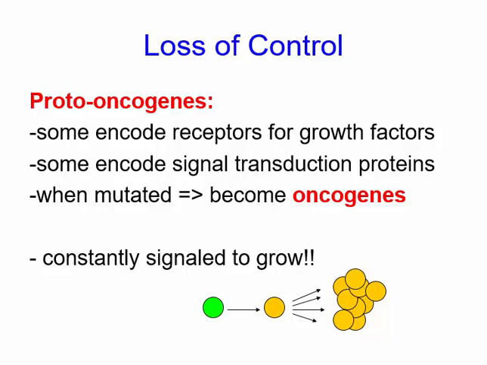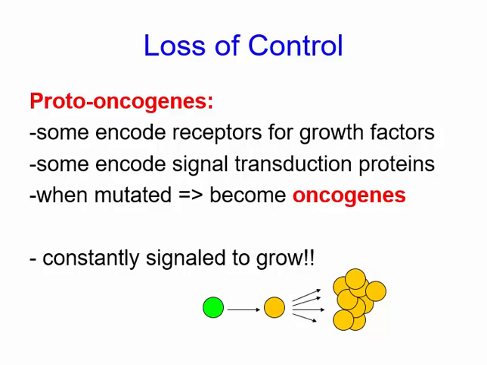So these are normal genes that are important for your cells to function typically. But they're proto-oncogenes because they have the potential that if something goes wrong with their regulation, where they're on all the time, like grow, grow, grow, when they shouldn't be, that's when we would consider them oncogenes. They're stimulating those cells to constantly grow.